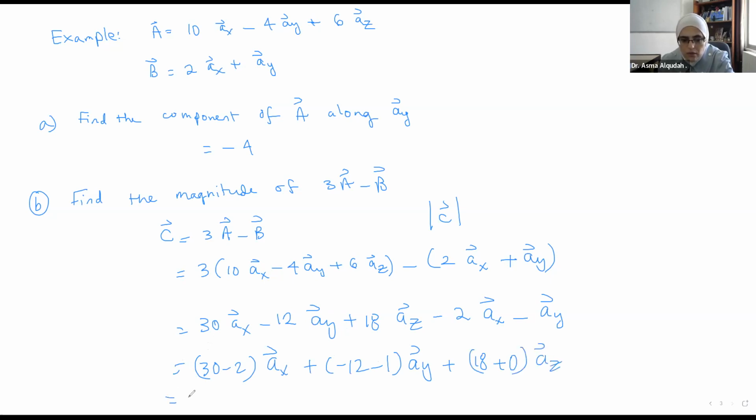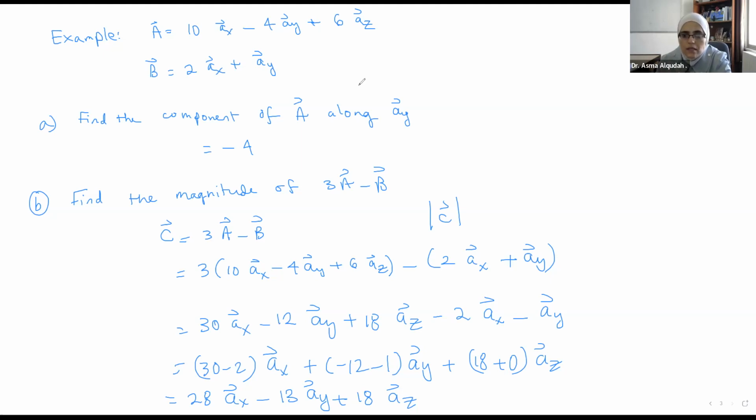This is equal to 28 a sub x minus 13 a sub y plus 18 a sub z. Now we found the vector c. Now the next step is to find the magnitude of c.